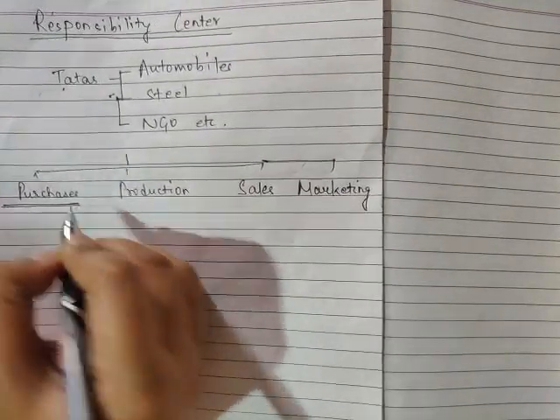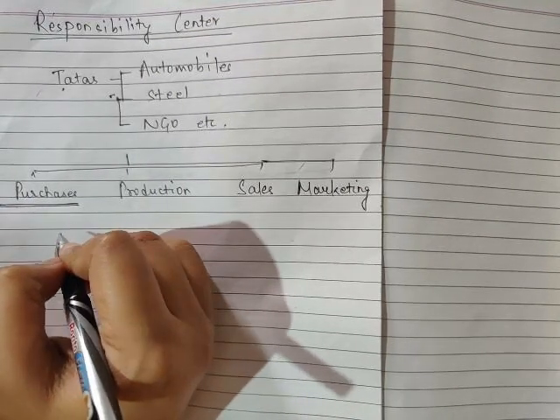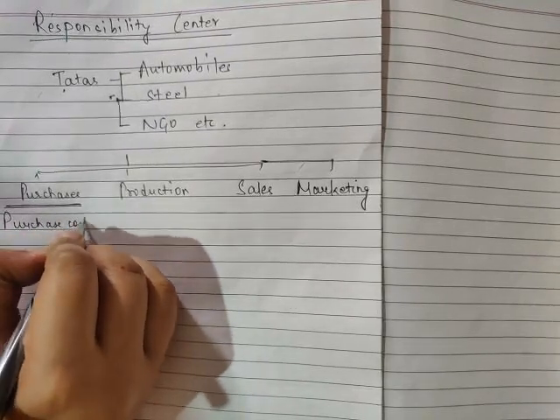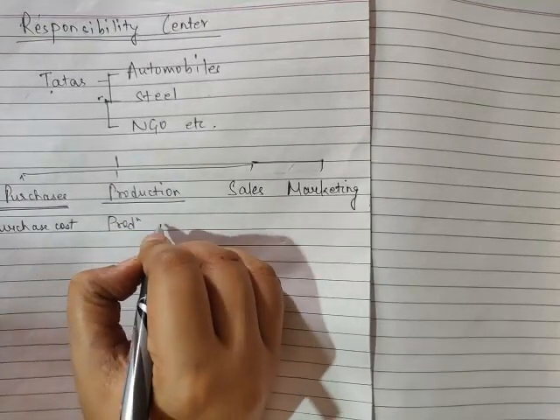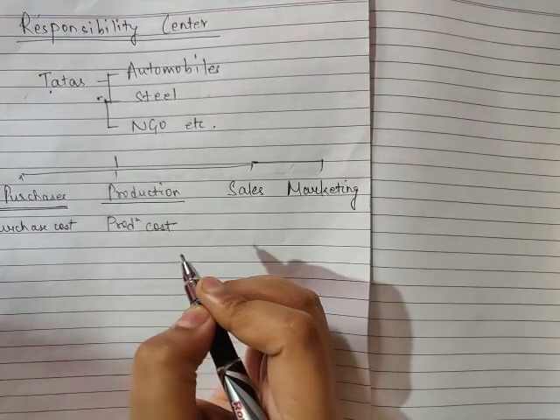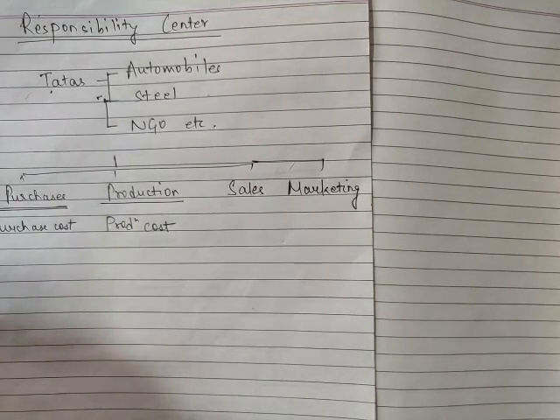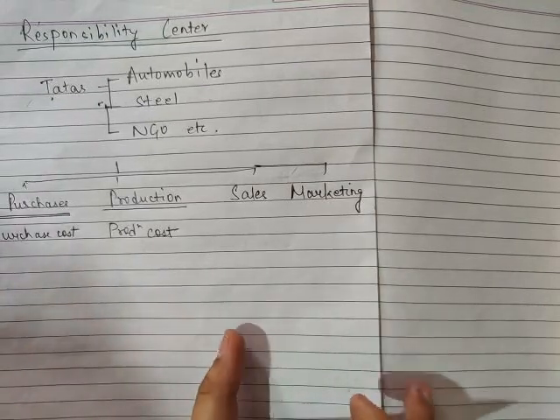The purchase manager will be responsible for controlling the purchase cost. The production manager will be responsible for controlling the production cost. That is, the efforts will be made to reduce the cost as much as possible and increase the production.